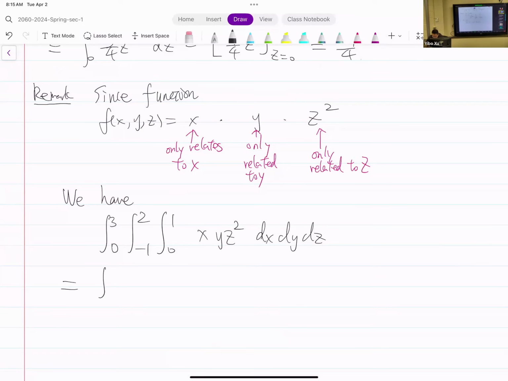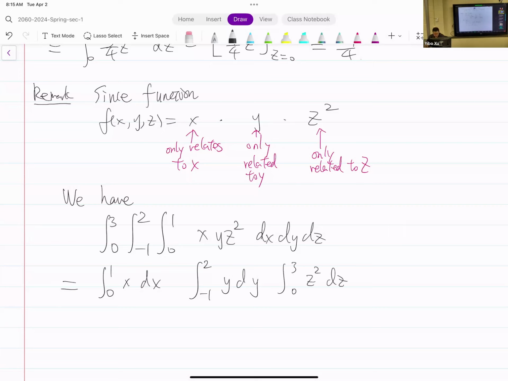And we just write out the bounds of each variable accordingly, right? So for x, by looking at the integral from above, this is from 0 to 1, x dx. And then for y, it's in the middle, so from -1 to 2, y dy. And finally, z is on the outermost, so z is from 0 to 3, z squared dz.